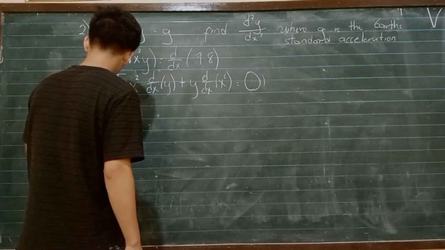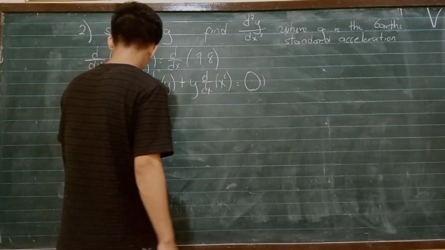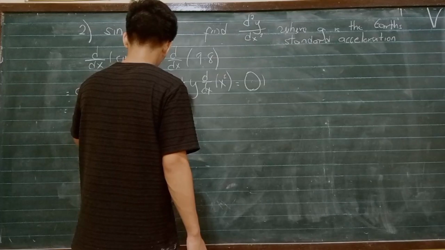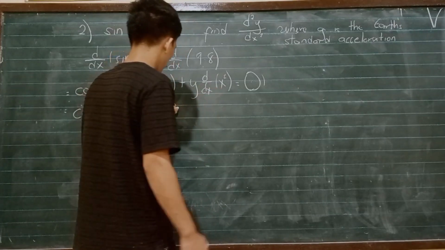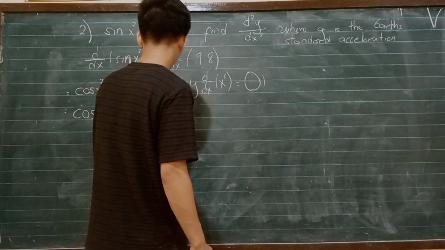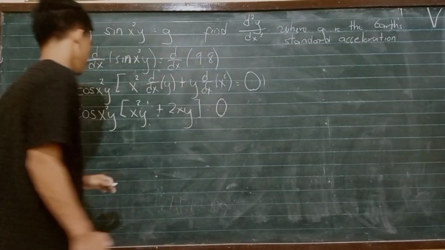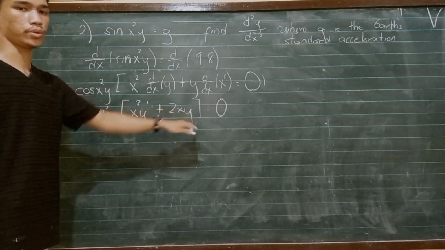Cosine x squared y times x squared, the derivative of y is y prime, plus 2xy is equal to 0. Then we will distribute cos x squared y to each term.